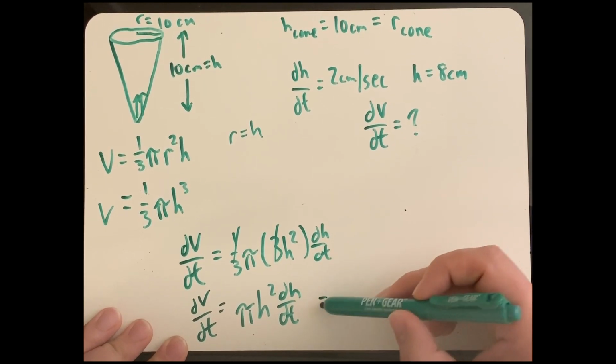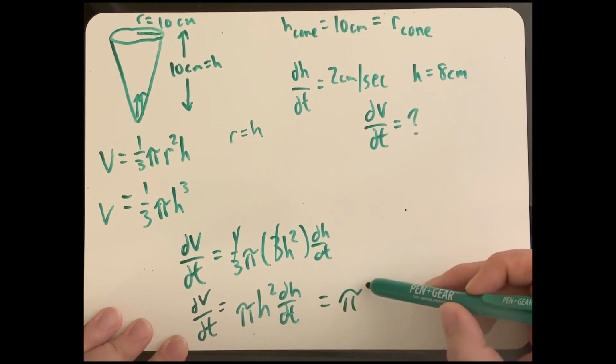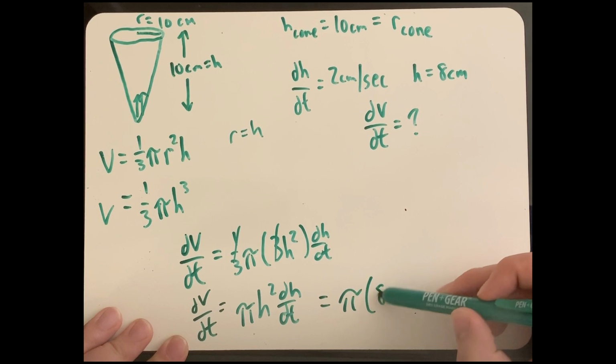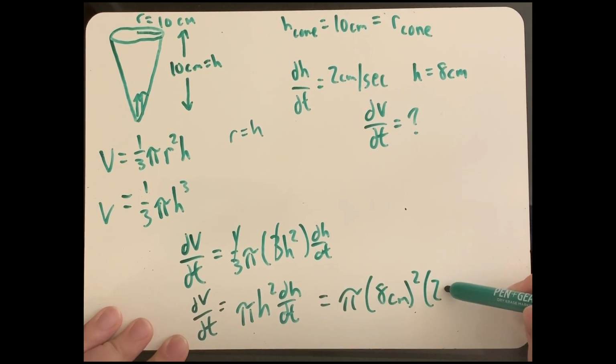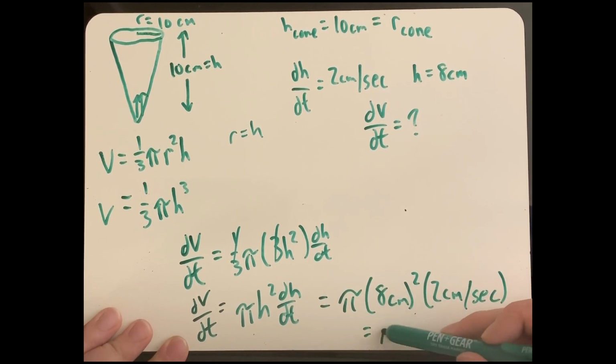So this is going to equal pi times 8 centimeters squared times 2 centimeters per second. Centimeter squared times another centimeter will give you pi times 128 centimeters cubed per second. And that's it.